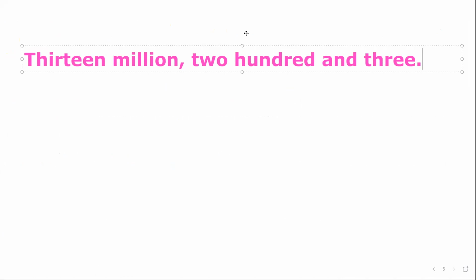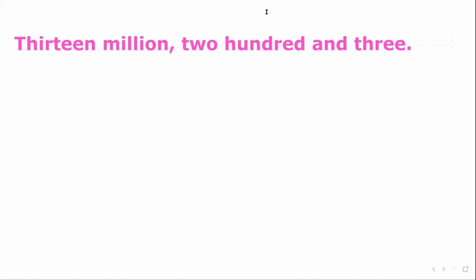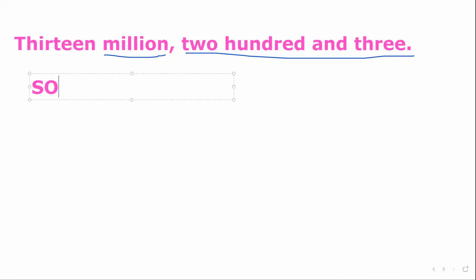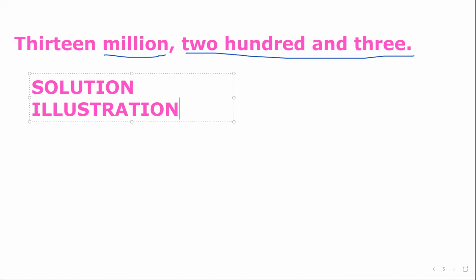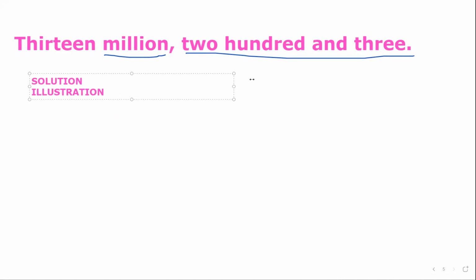Now, for this one, you have to identify the group names here. We have the million, and then we didn't talk about the thousands here, which means that the remaining here are others. Okay, good. So we have only millions and others. So now we have to write your solution, then illustration.